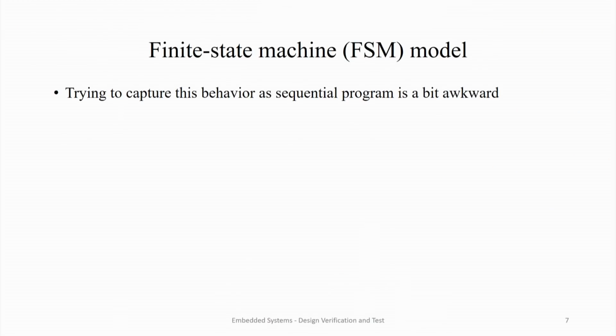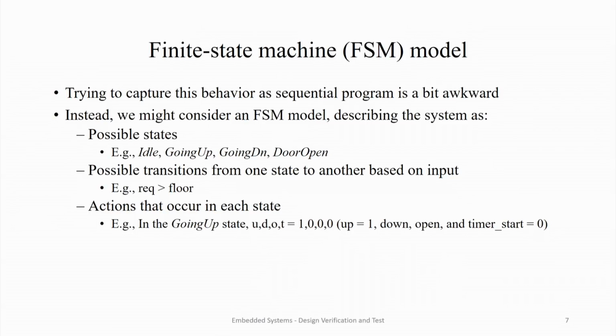So, trying to capture this behavior as a sequential program is a bit awkward. Why is this so? Because this is primarily a control dominated problem. This embedded controller, software or hardware, whatever it is, is a control dominated specification that we want to specify.